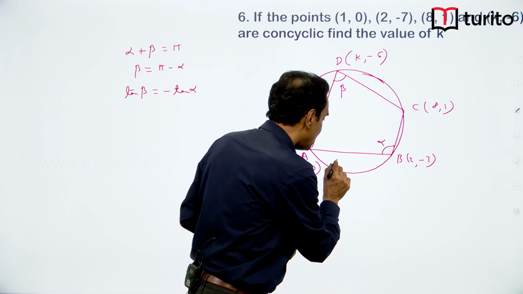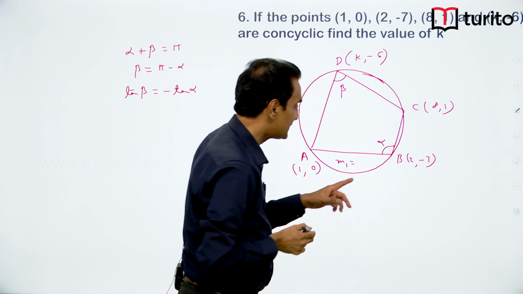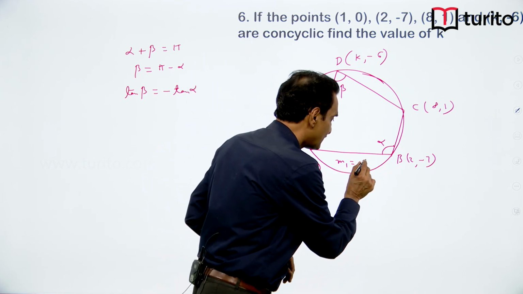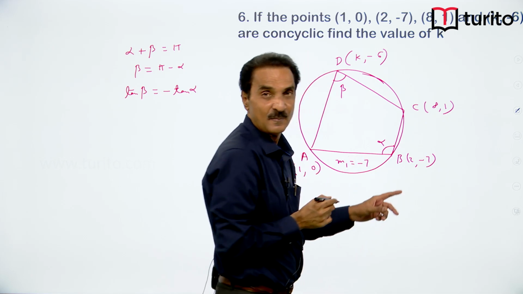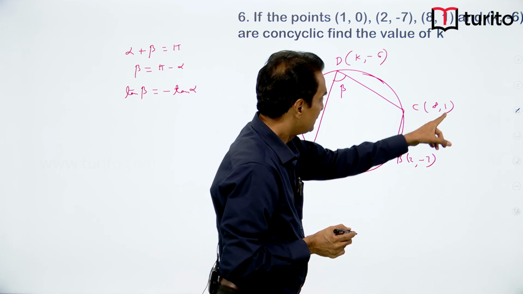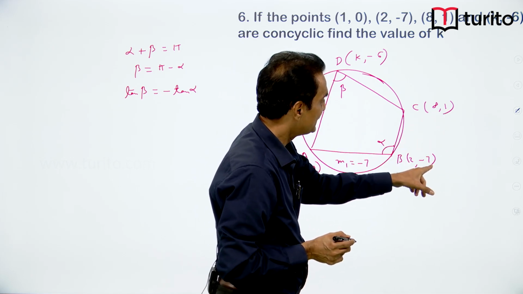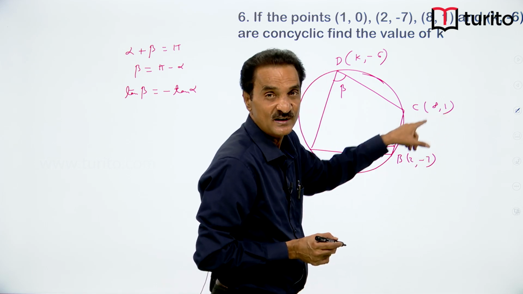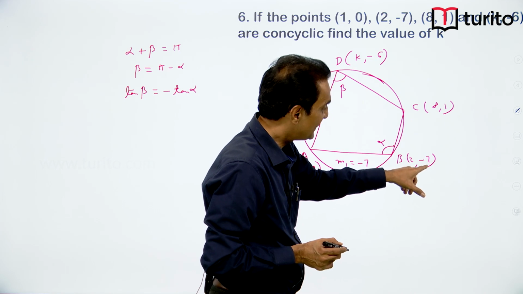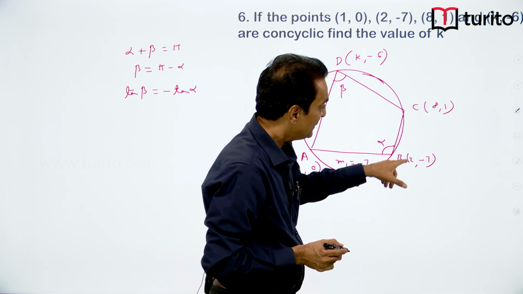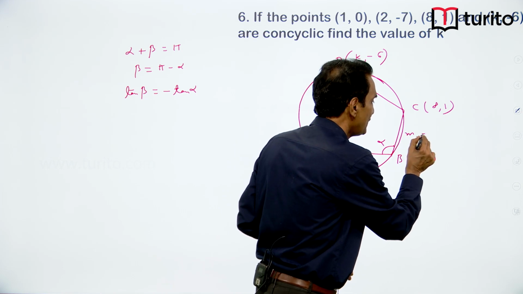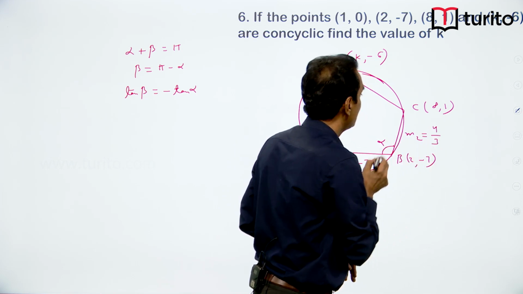What is m1, the slope of this line? Minus 7. Slope of this line, y2 minus y1 by x2 minus x1, 1 plus 7, 8 by 6, that is 4 by 3. M2 is equal to 4 by 3.